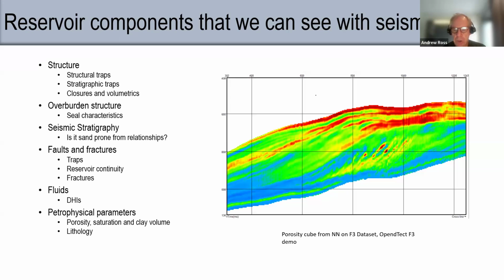What we used to do is calculate things like acoustic impedance, VP/VS and density, and then use them to calculate the petrophysical parameters. What a lot of the latest software is doing is inverting for the petrophysical parameters directly, so we get a better answer. So these are all things that the seismic can potentially do for us. It's not just finding the structure; we can maybe get some idea of the parameters.